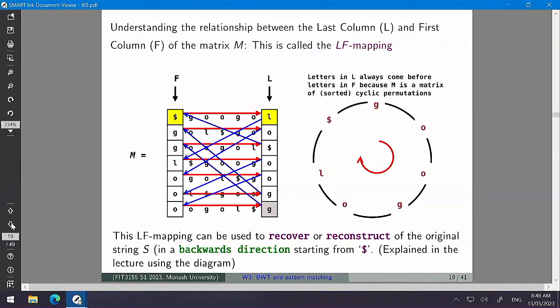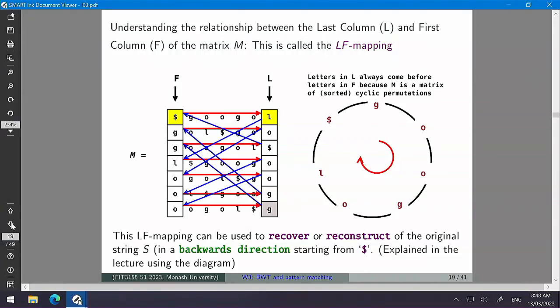The idea is that you would want to recover it by mapping letters in the last column to letters in the first column, because the first column is the most deterministic column. Why is the first column most deterministic?